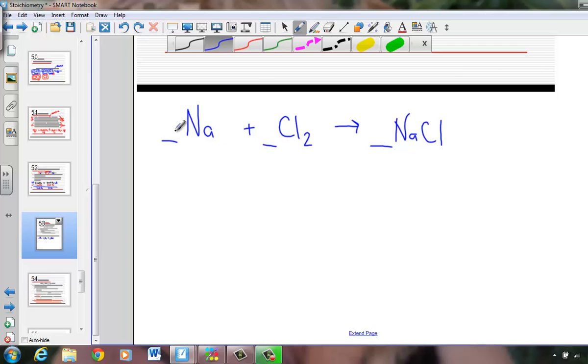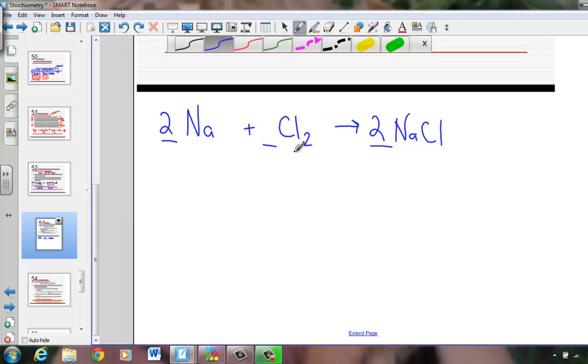When we balance that equation, we would notice we'd need a 2 to 1 to 2 ratio. For every 2 moles of sodium, 1 mole of chlorine is required to form 2 moles of sodium chloride, the most perfect, efficient way where I don't have a limiting or excess reagent.